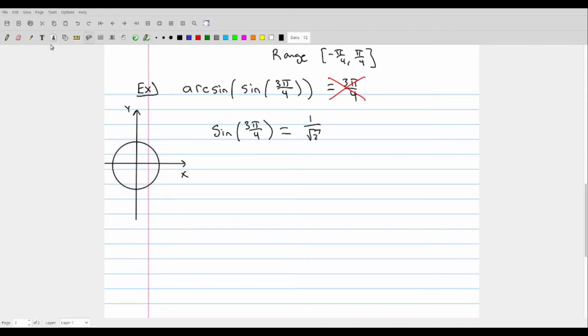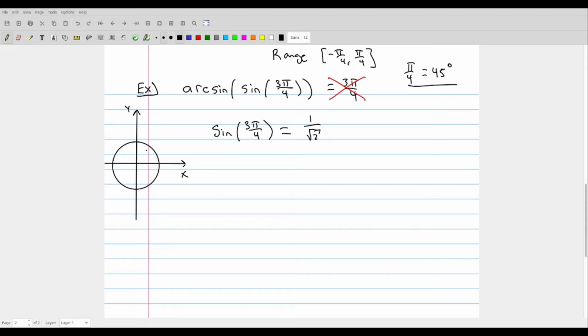Remember that 3 pi over 4 corresponds to an angle of 3 times 45 degrees. Pi over 4 radians is equivalent to 45 degrees.